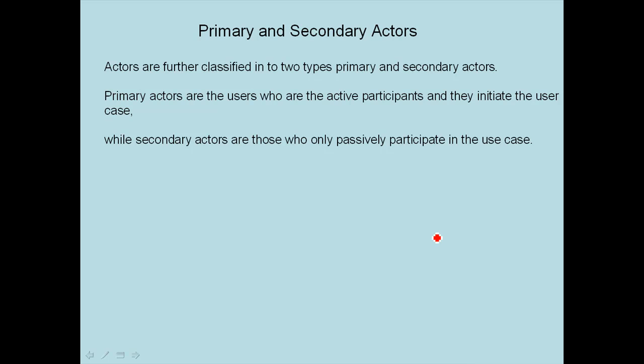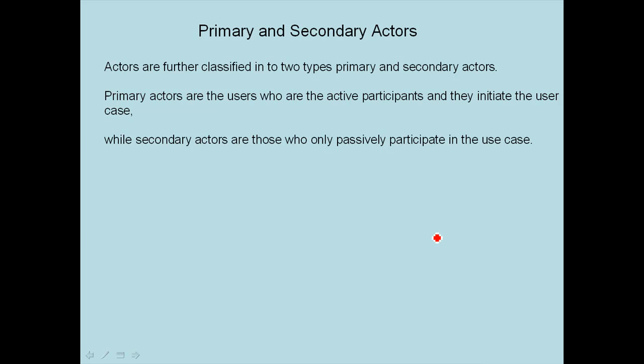So depending on what the use case is, the actors can be primary and secondary. For example, if I say the office boy goes and delivers the invoice, then from that perspective the office boy becomes a primary actor.